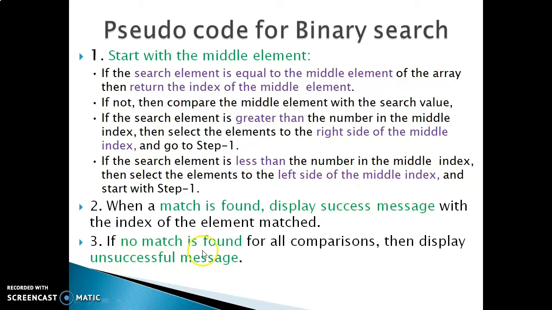If no match is found for all comparisons, then display the unsuccessful message. This is similar to linear search. If the match is found, it returns the index value of that search element. If not, it just displays the message that the match is not found.